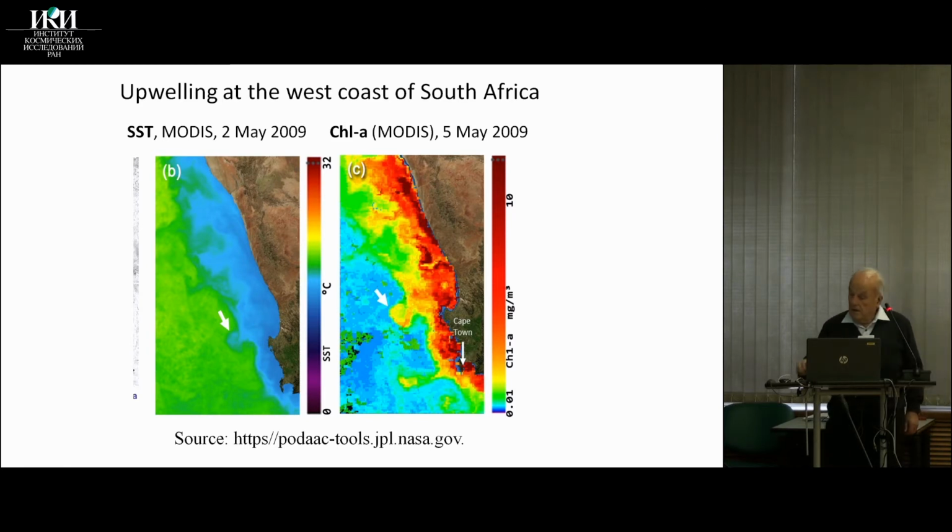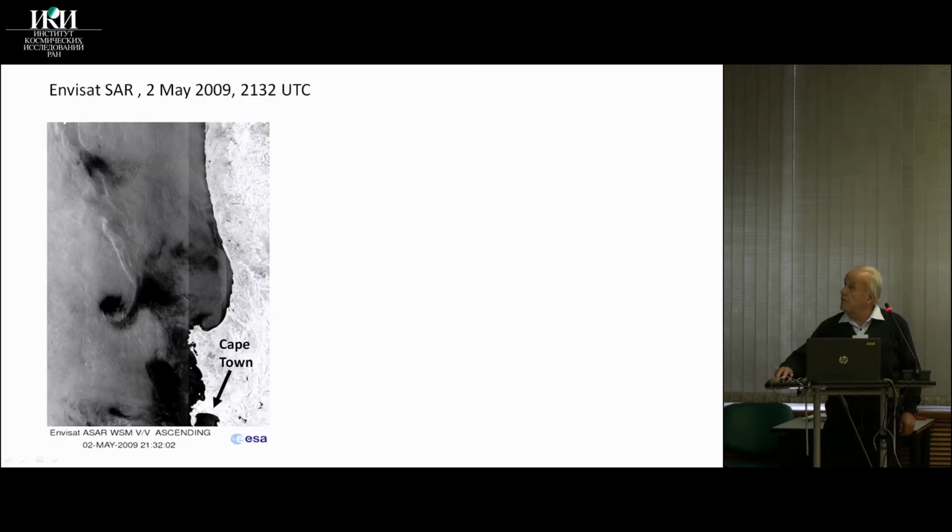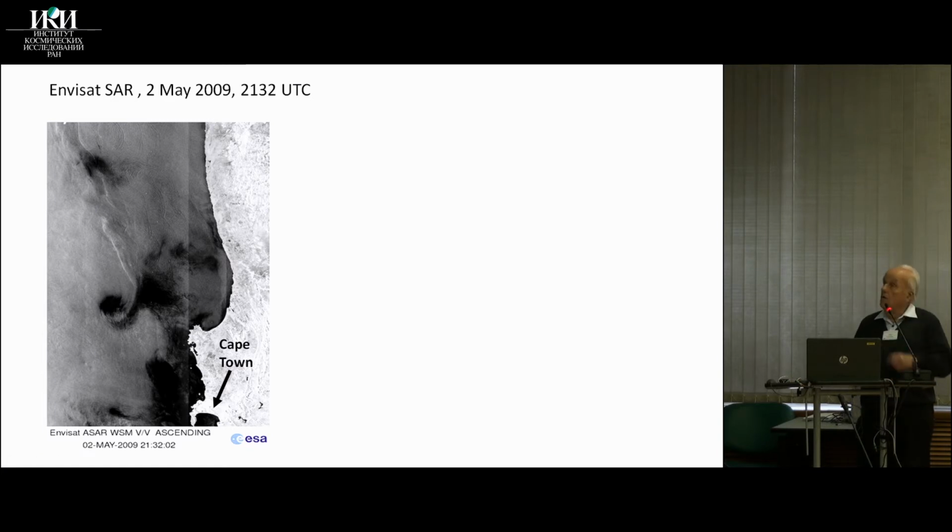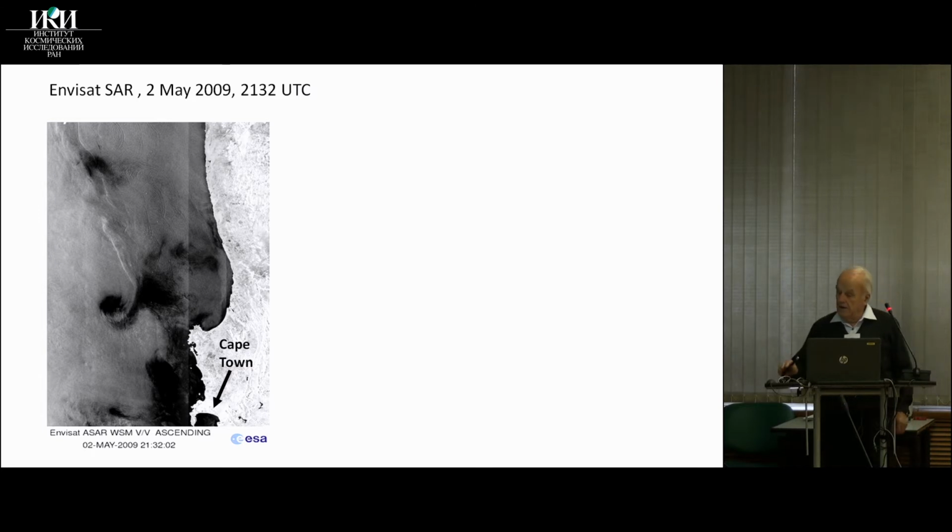And now we come to the SAR image, which was acquired almost at the same time, on the 2nd of May. This is a typical image of an upwelling area.